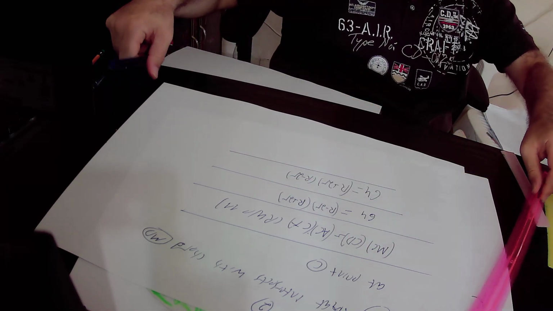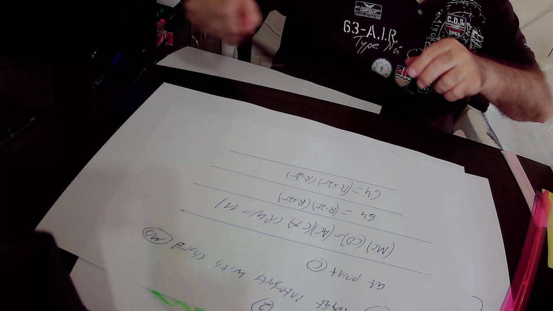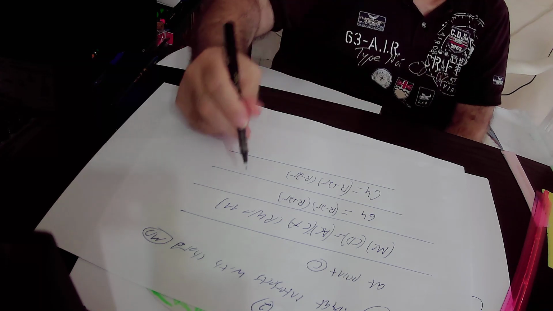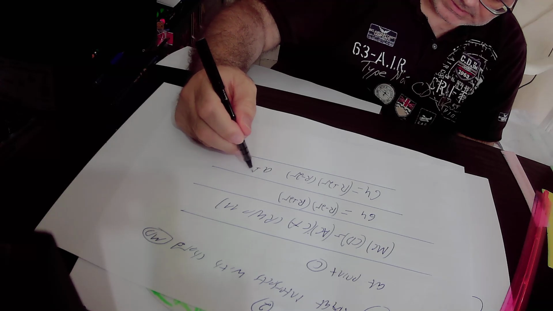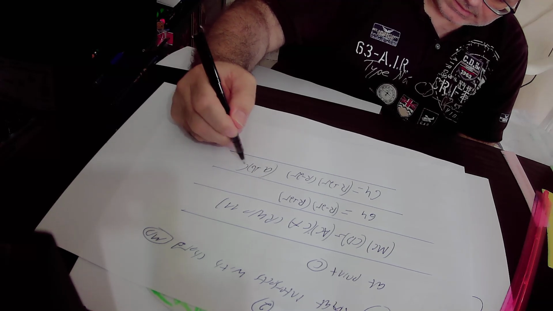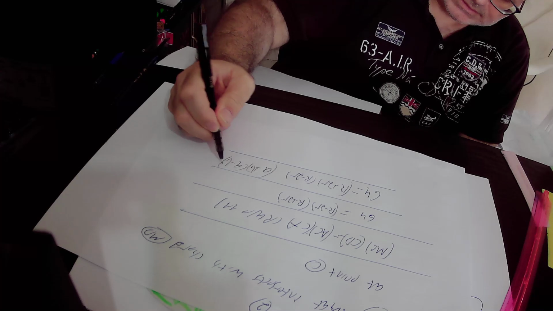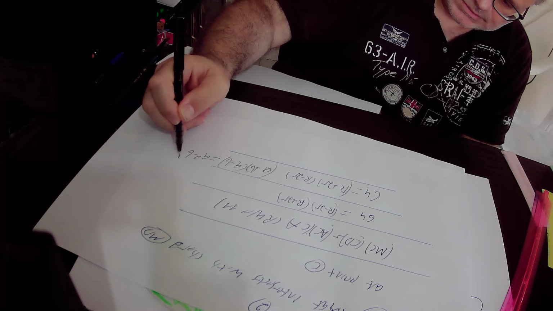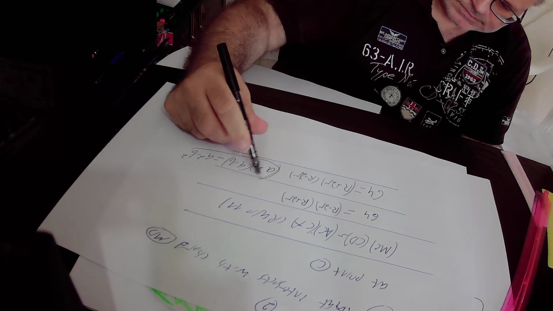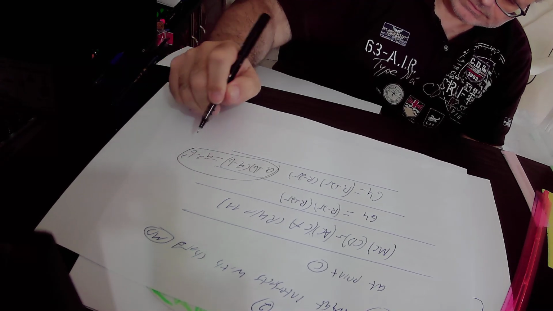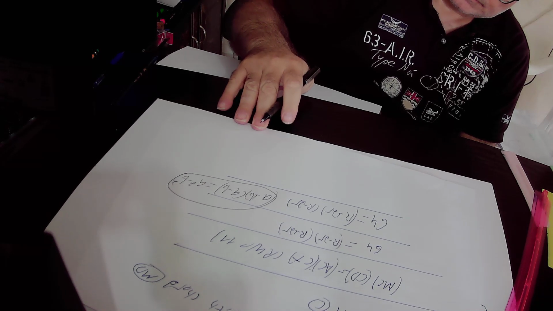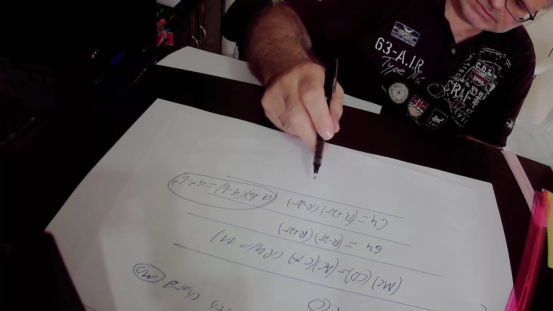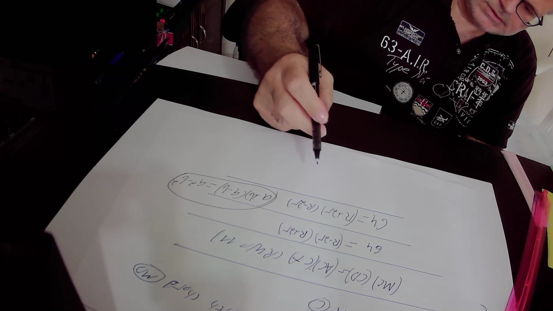And we have, according to the algebraic identity, that A plus B times A minus B equals A squared minus B squared. Here we have capital R plus 2R times capital R minus 2R.